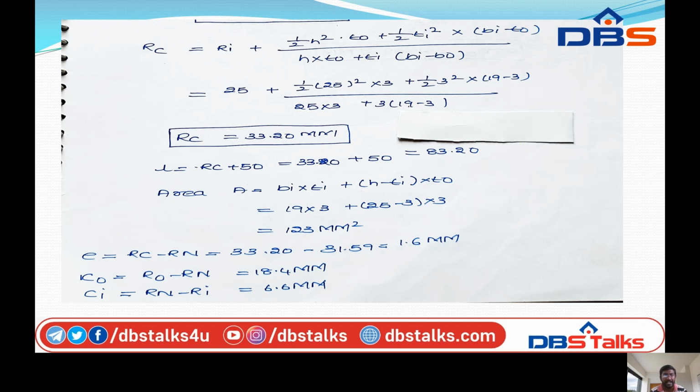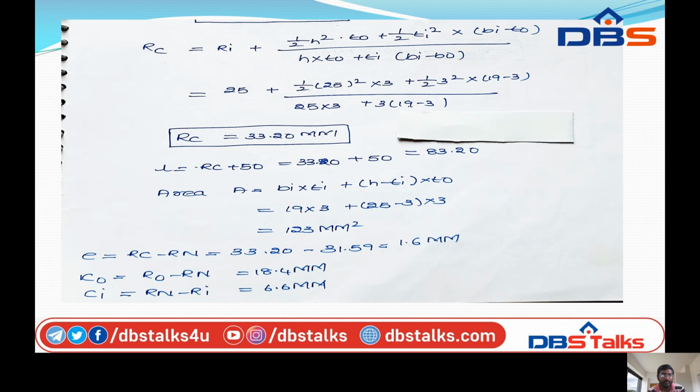Next we can calculate the area. So area A is equal to Bi into Ti plus H minus Ti into T naught. Substitute the values: 19 into 3 plus 25 minus 3 into 3, which is equal to an area of 123 mm square.